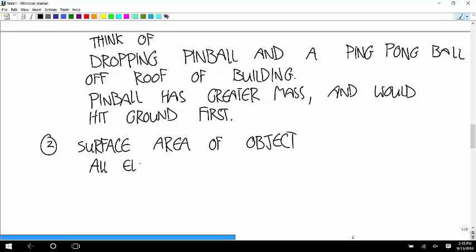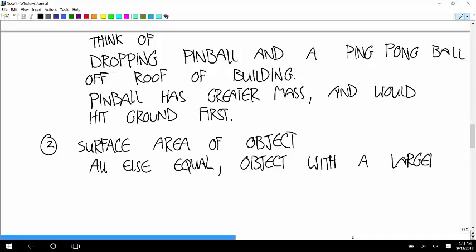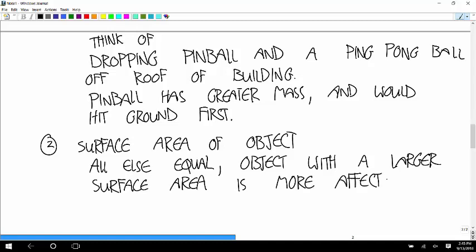So if all else is equal, an object with a larger surface area is more affected by the air.